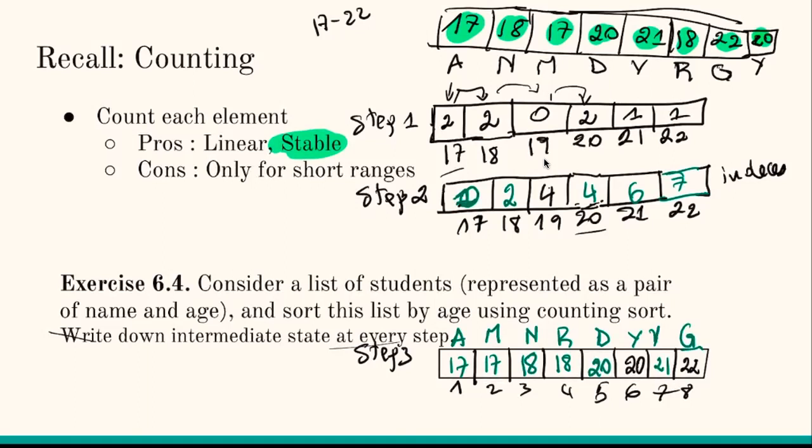Okay. So in this situation, why is this very important? So let's suppose that you have a list of students that are sorted in alphabetic order. We want to sort these students by age, and group them into groups of students with the same age, and you want those groups to remain sorted in alphabetic order.